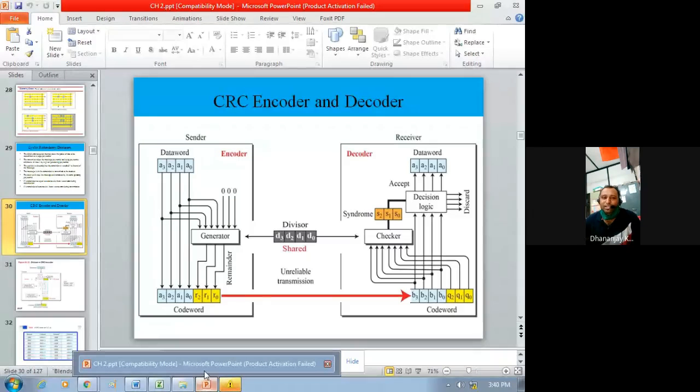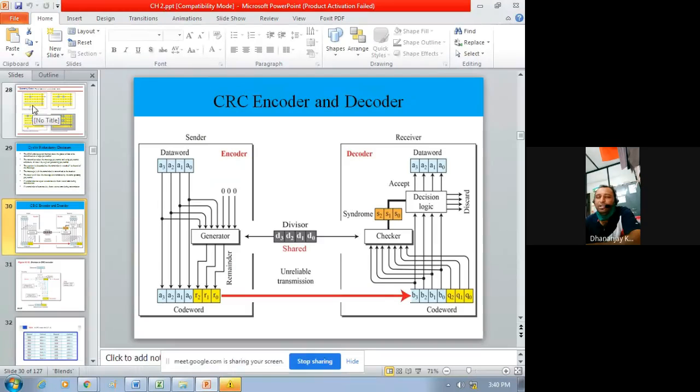If 4, 5, 6 bit errors happened, it could not detect them. So that was the problem with two-dimensional error detection. Then if we go for CRC, here as many errors as you want to put, you can put. All those sorts of errors will be detected in the CRC mechanism.